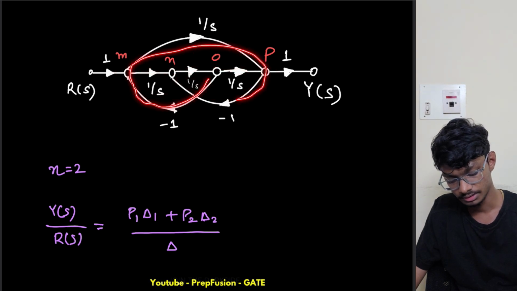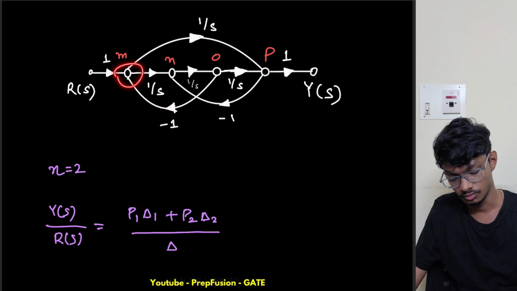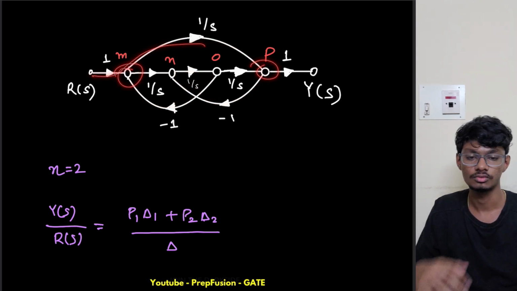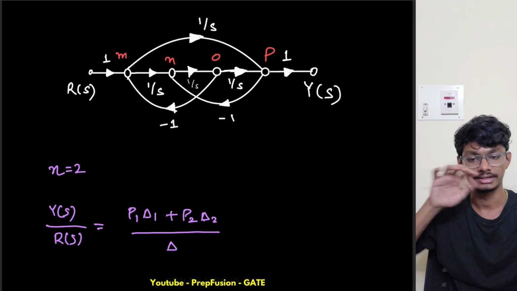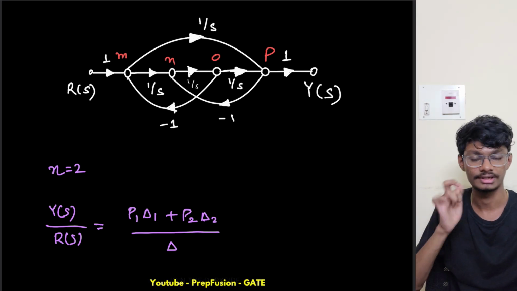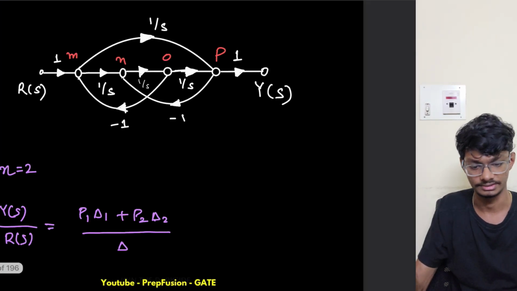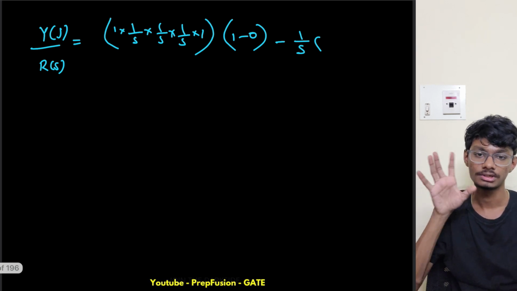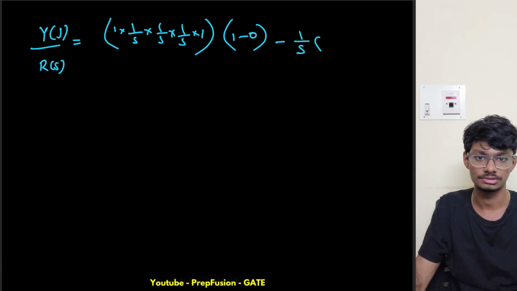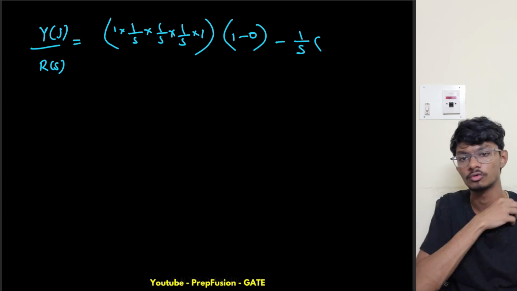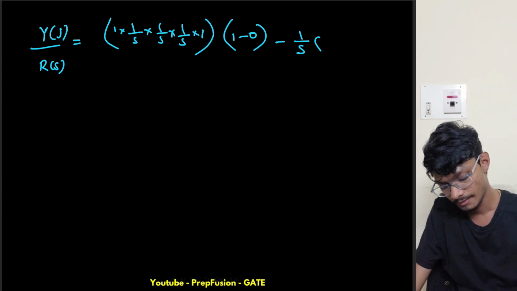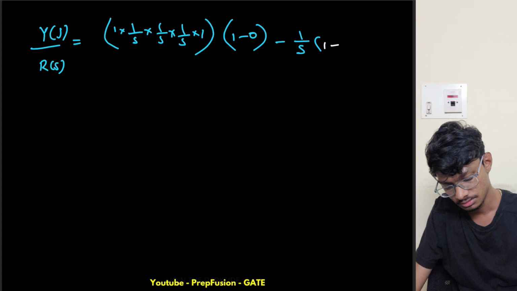But the nodes are gone, so this also has no isolated loop. Generally that's the case. Just be careful if it isn't, but in most cases, if I remove the forward path, we get 0 isolated loops, though sometimes delta 1 or 2 may come. So this is 1 minus 0.